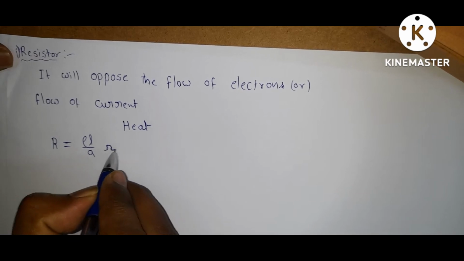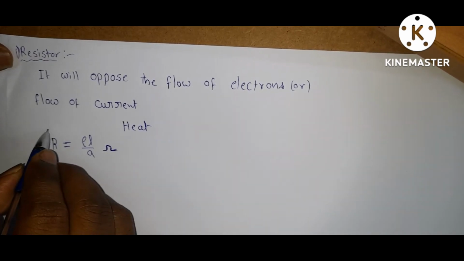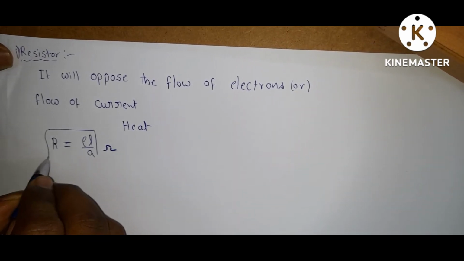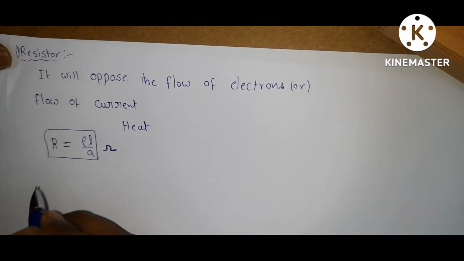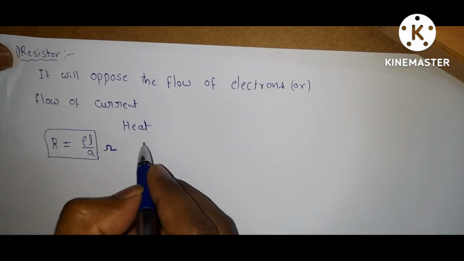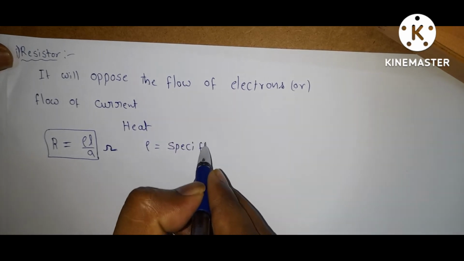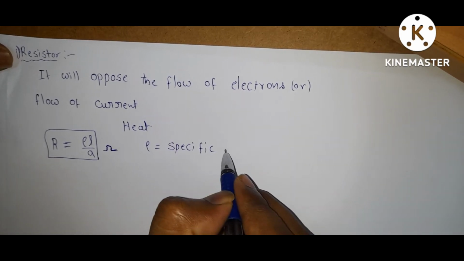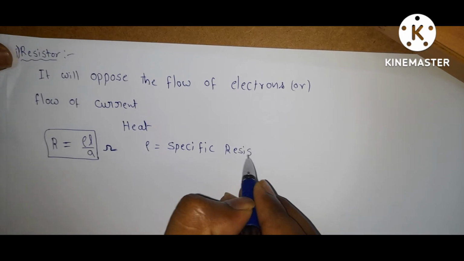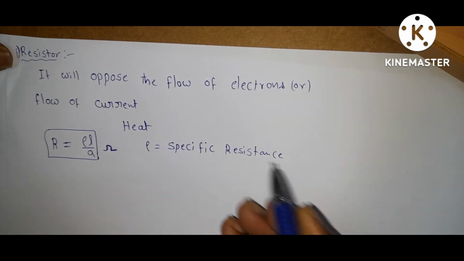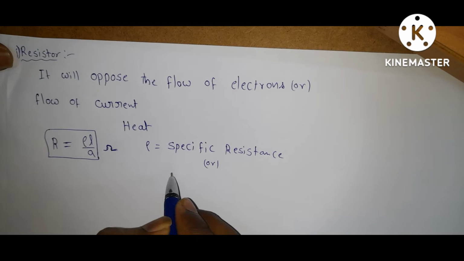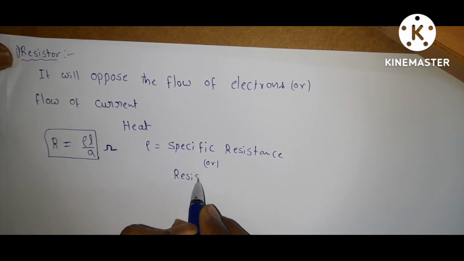This is in ohms. The formula for any material's resistance is given by rho L by A, where rho is specific resistance or resistivity.